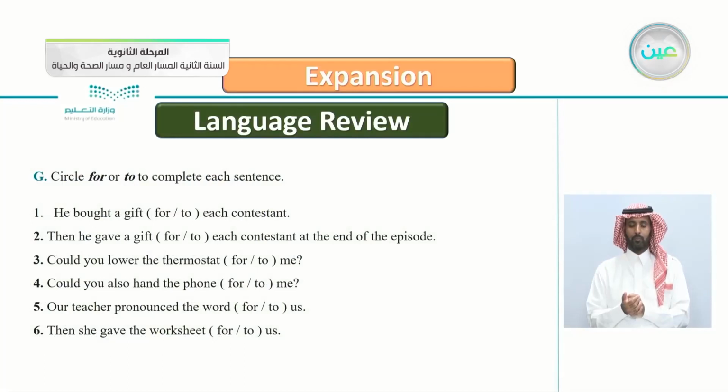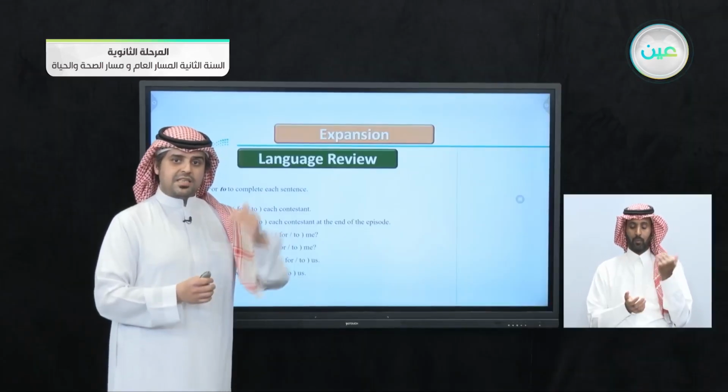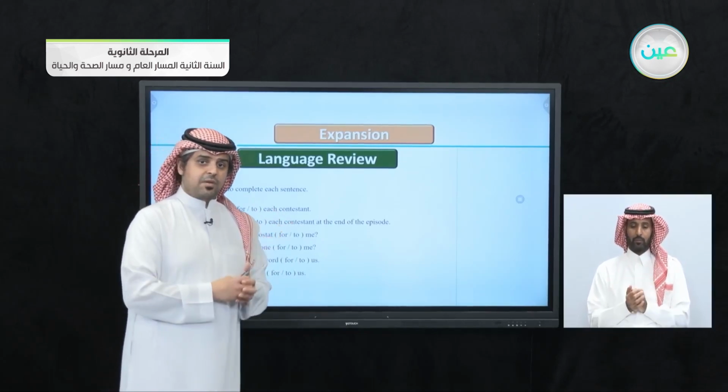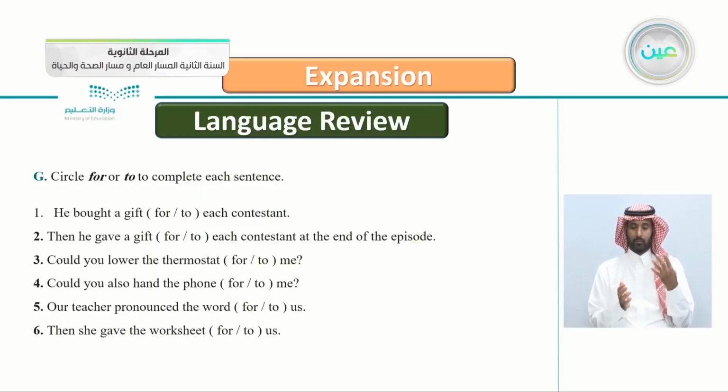So getting back to the exercise here, now that we have revised this grammar, for and to, let's answer the questions. Circle for or to complete each sentence. Number 1, he bought a gift for or to each contestant.